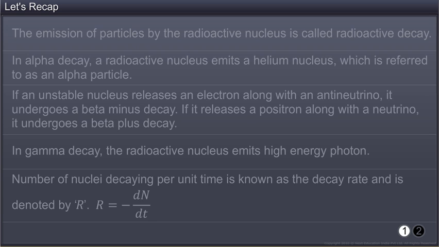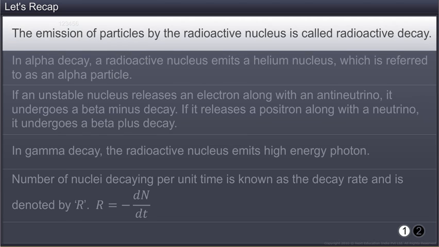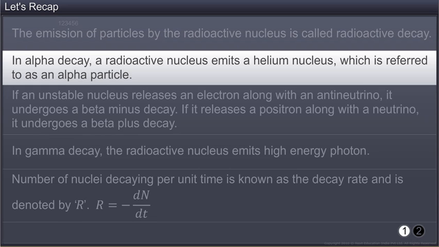You have now reached the end of this module. In this module, you have learnt that the emission of particles by the radioactive nucleus is called radioactive decay. In alpha decay, a radioactive nucleus emits a helium nucleus, which is referred to as an alpha particle.